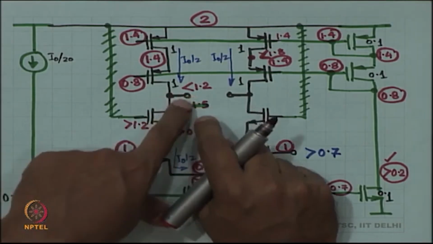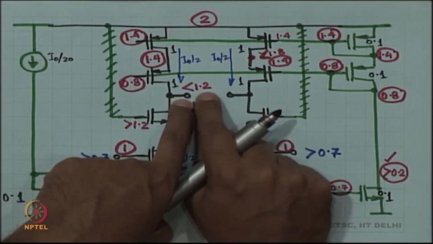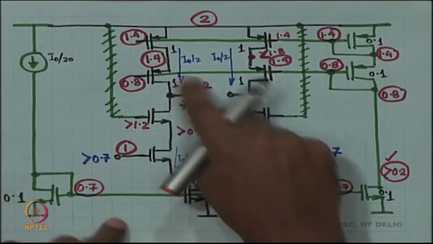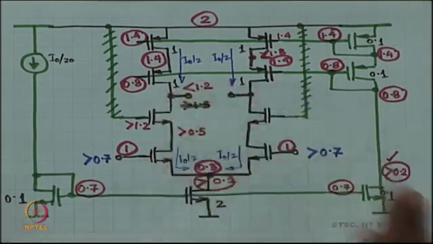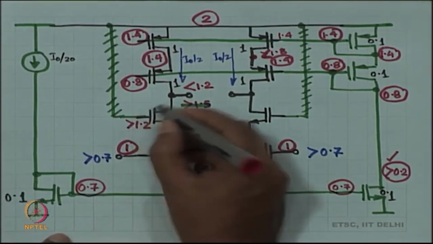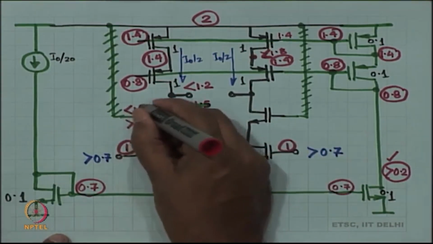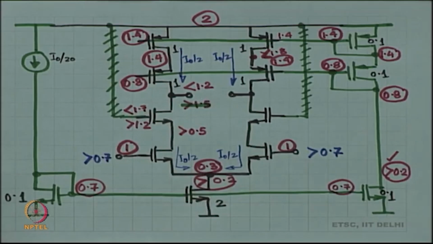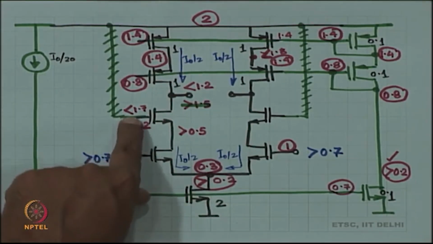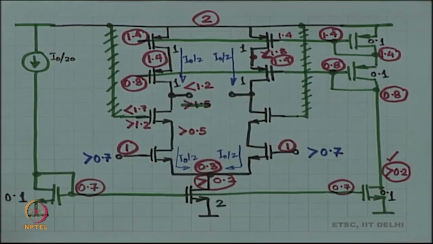So, the voltage here can't be lower than 1.2, which means if you have 1.2, you are just about right, there is no possible swing, which means the voltage out here has to be actually less than 1.7. So, if I keep the voltage here at 1.7, that is really so high that no swing is allowed at the output. Okay.